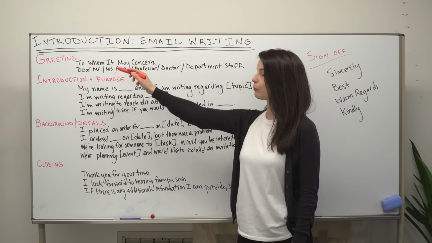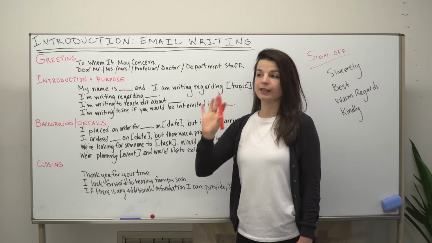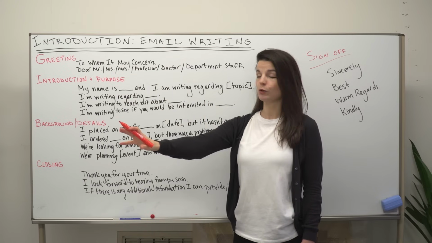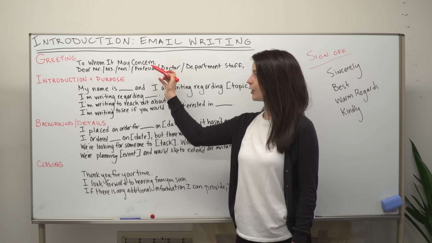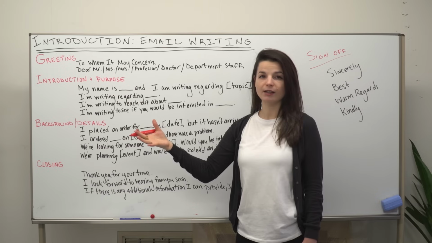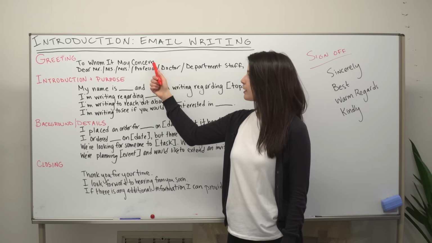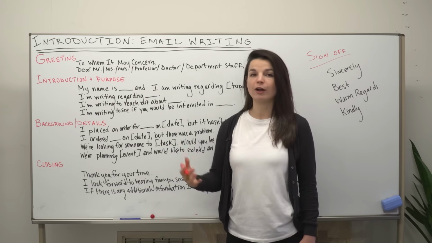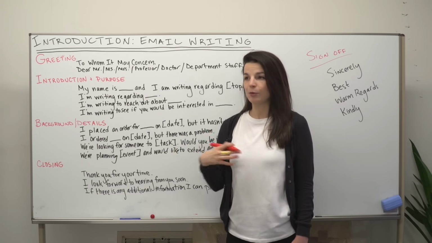Let's begin with the greeting part of your email. If you don't know the person receiving your email, you can use the expression "to whom it may concern." This is kind of a classic line. Some people feel it's a little bit old-fashioned, but it's polite and most people are familiar with it. To whom it may concern just means the person related.